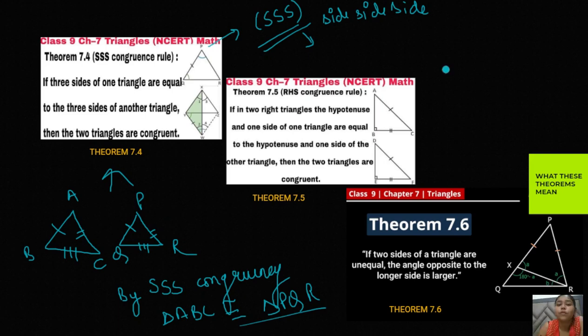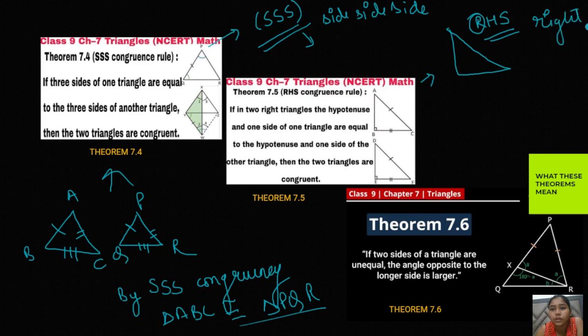So let's move towards theorem number 7.5. This is the RHS congruency, as I explained to you briefly in the earlier slides. What is the RHS congruency rule? There must be a right angle. What is a right angle, people? Angle equal to 90 degrees, right?